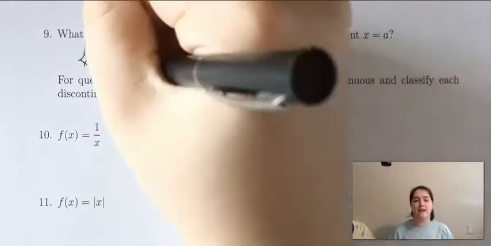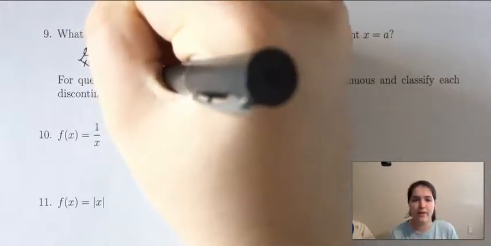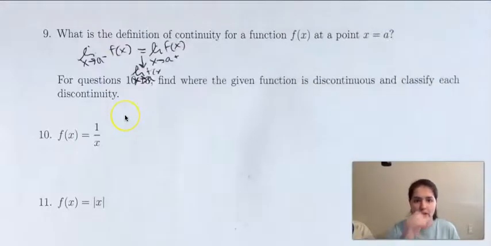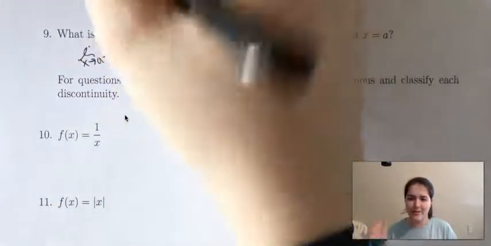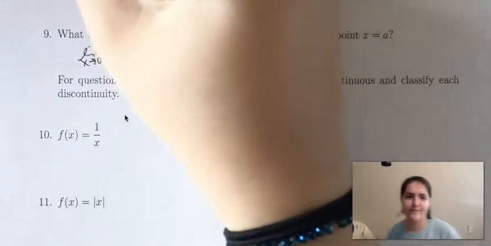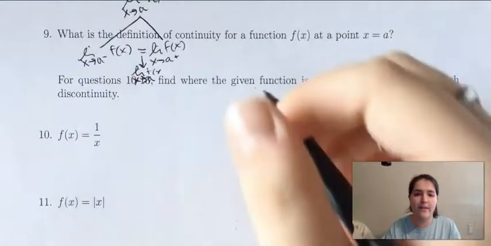So the limit as x is approaching a from the left, so the negative above the a means that it's approaching from the left side. Oh, or maybe left would be over here. The camera's switched, so it looks weird. So this is the limit as it is approaching a number from the left, and then this is the limit as it is approaching a number from the right.